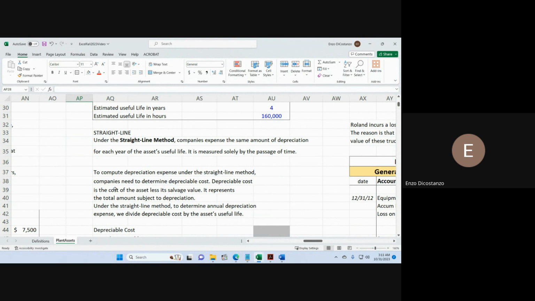The depreciable cost is the cost of the asset minus the salvage value. It represents the total amount subject to depreciation.